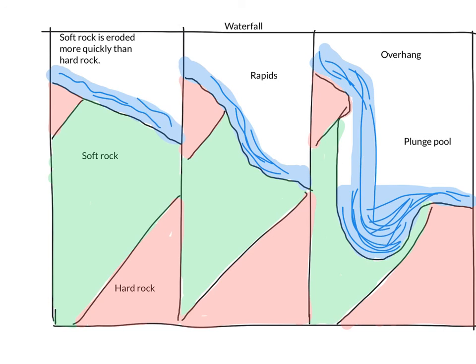Okay, and with these lovely labels, might as well put in an arrow to show what they are pointing at. So those are our rapids, this is our overhang, and this here is our plunge pool.